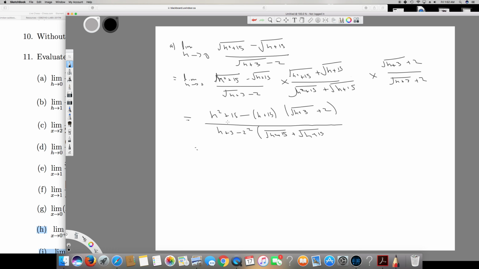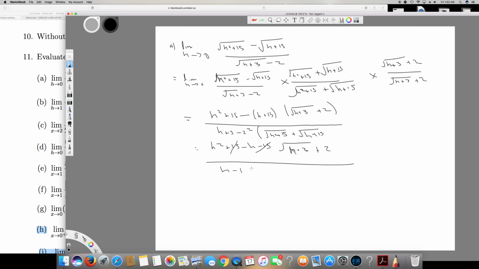So since we have this one right here, let's expand this one. If I expand the top one, it's going to be h square plus 15 minus h minus 15. So 15 cancels, and the remaining thing is h. This one is remaining, square root of h plus 3 plus 2 is outside of this square root. So square root of h plus 3 plus 2 over, if I expand this one, h plus 3 minus 4 is going to be h minus 1, right?